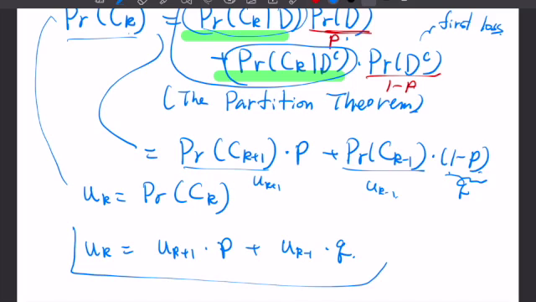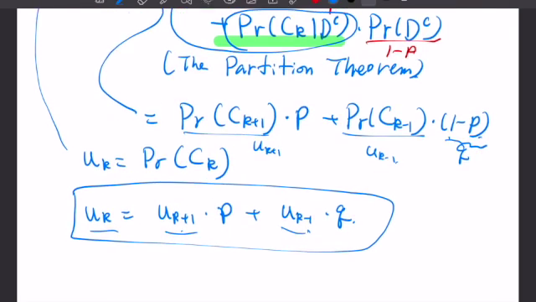So this is a difference equation involving three terms with k, k plus 1 and k minus 1. Just rearranging this, we have u_{k+1} times p minus u_k plus u_{k-1} times q equal to 0.